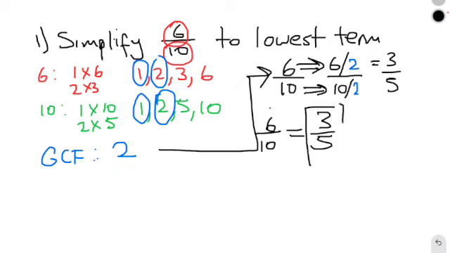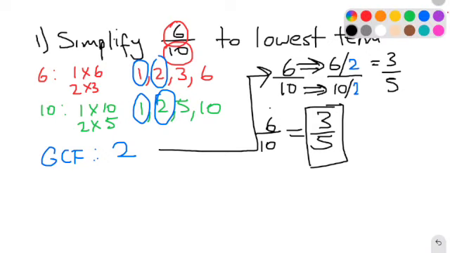And this is our answer here and how we simplify. So I hope that helps, guys. I hope that shows how to simplify fractions to its lowest terms. And we just simply use what's called the greatest common factor. Once we find the greatest common factor, we then divide both the numerator and the denominator by that greatest common factor that we saw here.